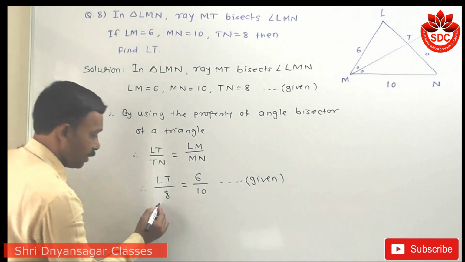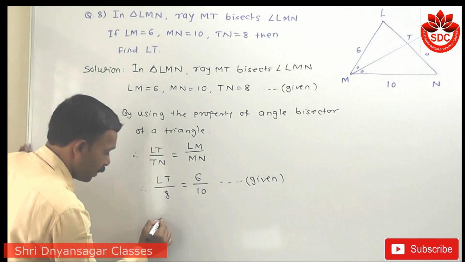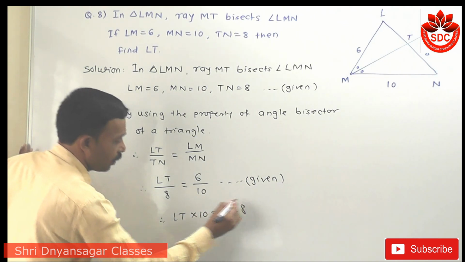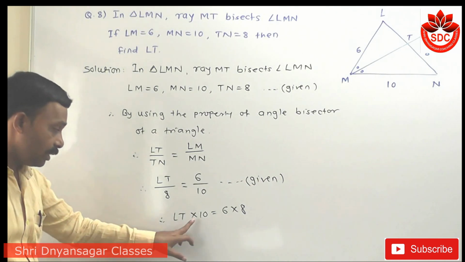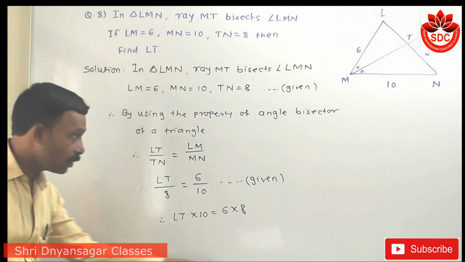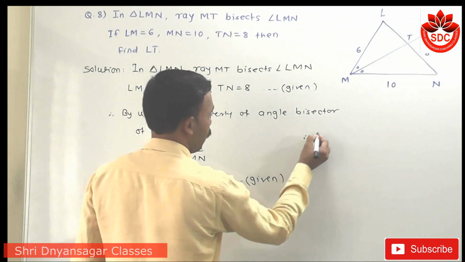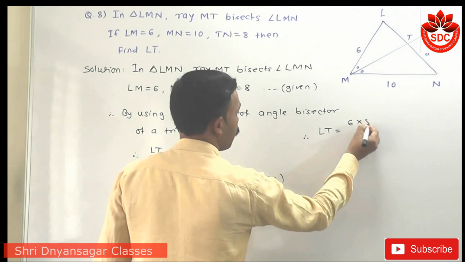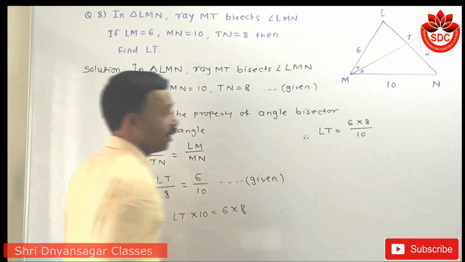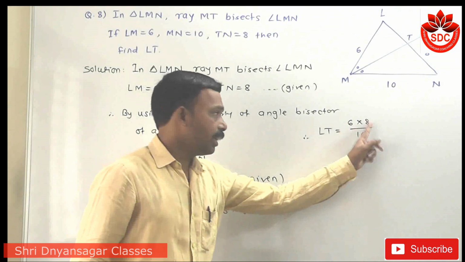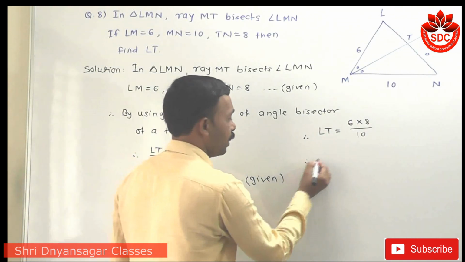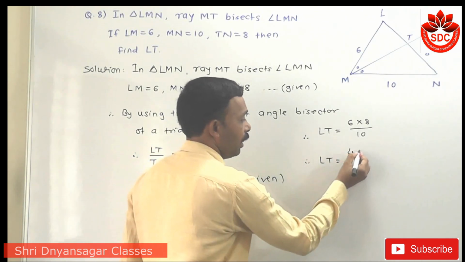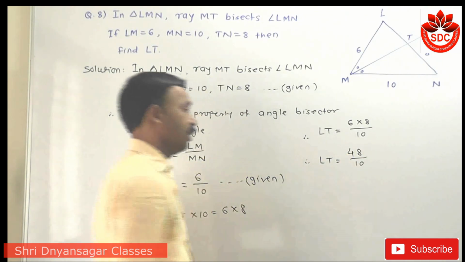Then by cross multiplication, we write LT into 10 is equal to 6 into 8. Again students, this 10 is in multiplication form, so it goes to the denominator. Therefore LT is equal to 6 into 8 upon 10. Now, if you take the multiplication, LT is equal to 6 eights are 48 upon 10.